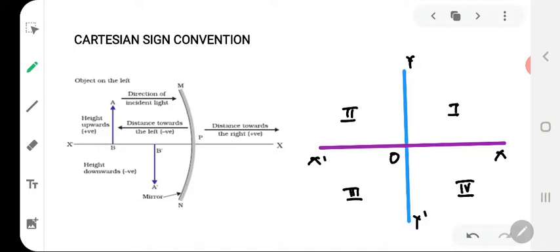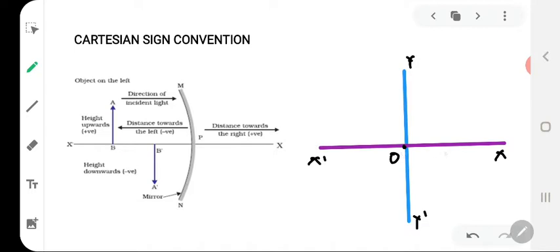So what is the basic rule that we have followed? Actually, whenever we are doing any measurement, we always begin from the origin. So all values are measured from the origin.